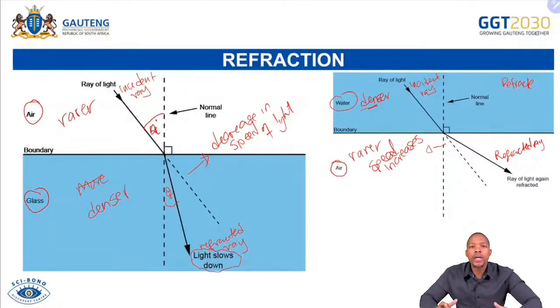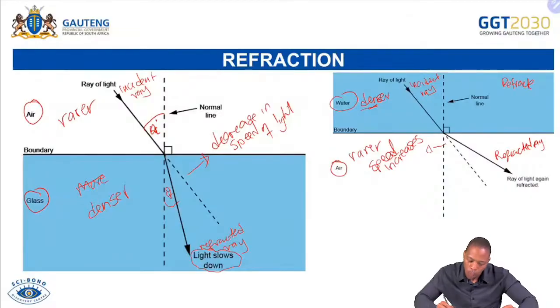Here the speed increases. If the speed increases here, then this means that this light ray is just going to start moving faster. And if that happens, then the light ray will bend away from the normal. The light ray will bend away from the normal, creating an angle of refraction that is bigger than the angle of incidence.